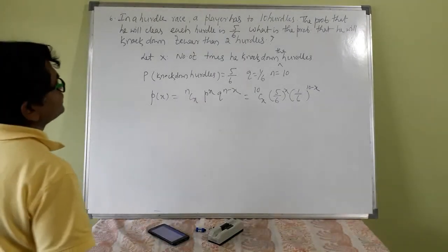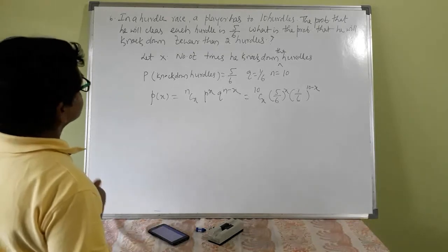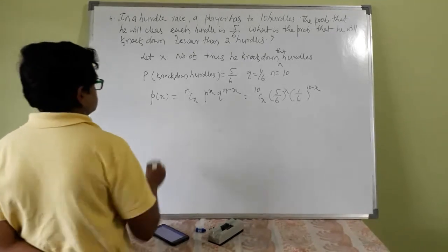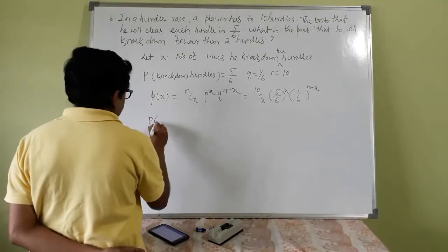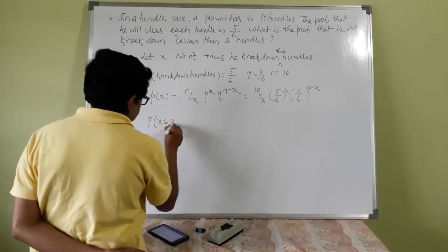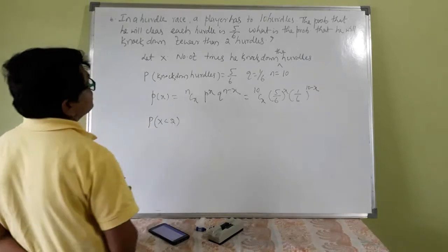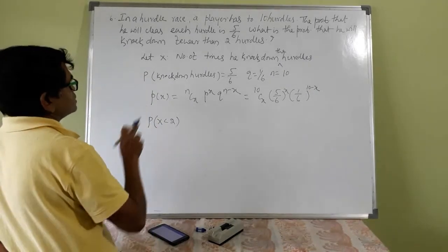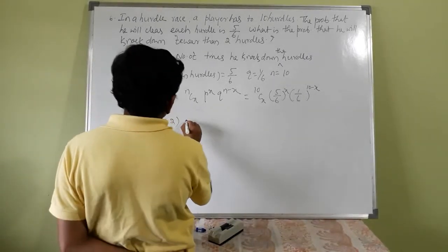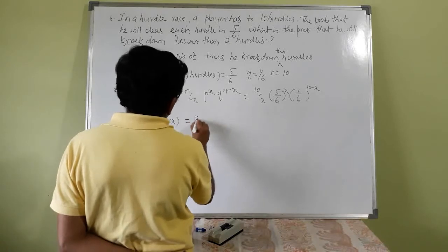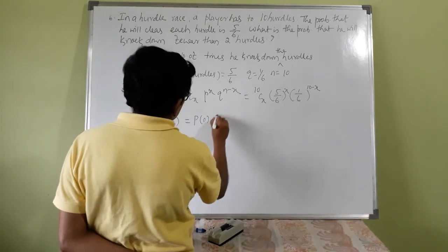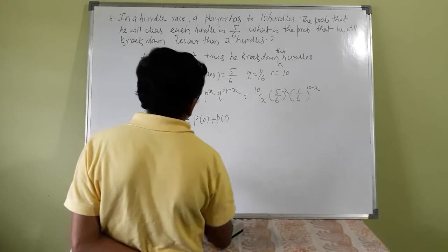Now what is the probability that he will knock down fewer than 2 hurdles? That means probability of X strictly less than 2, which is probability of 0 plus probability of 1.